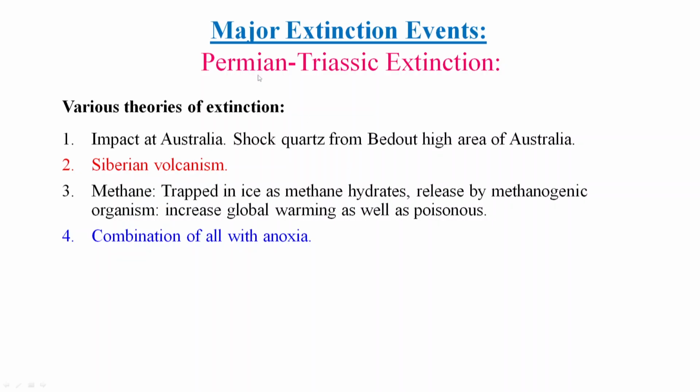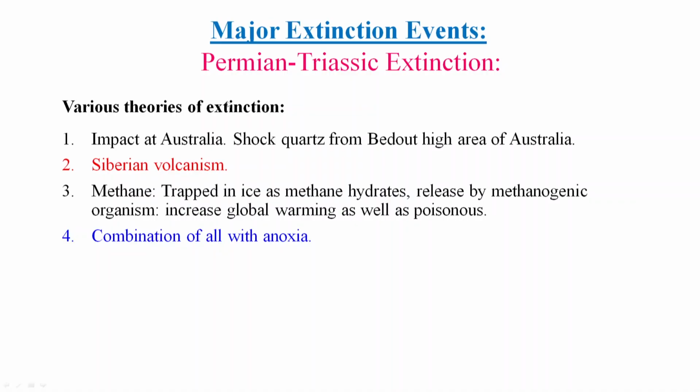Then there are also various theories related to this Permian Triassic extinction. Various theories of extinction relate to an impact at Australia. A shock gorge was found in the Bedout High area of Australia. Obviously the most accepted one is the volcanism that led to the formation of the Siberian Traps.